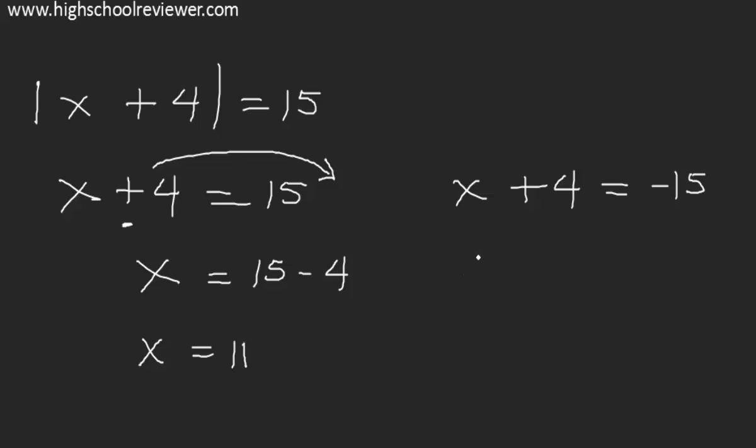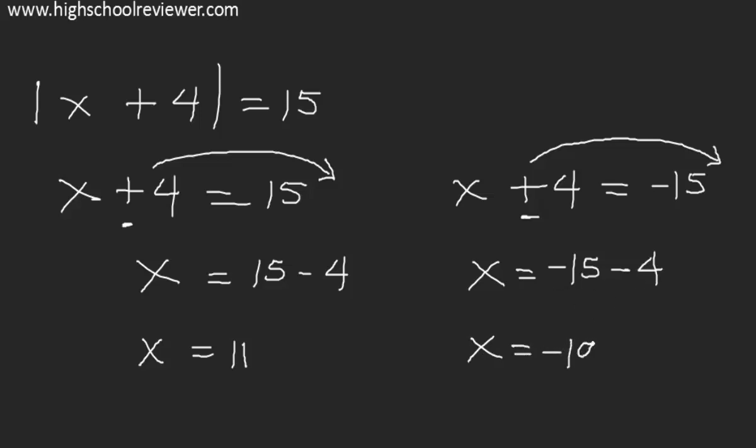The other value for x: transpose positive 4 to the other side. So this will be x is equal to negative 15. Since we transpose positive to the other side, it will become negative, so this will become negative 4. x will be equal to negative 15 minus 4, that is negative 19. So x equals positive 11 and x equals negative 19 is our final answer.